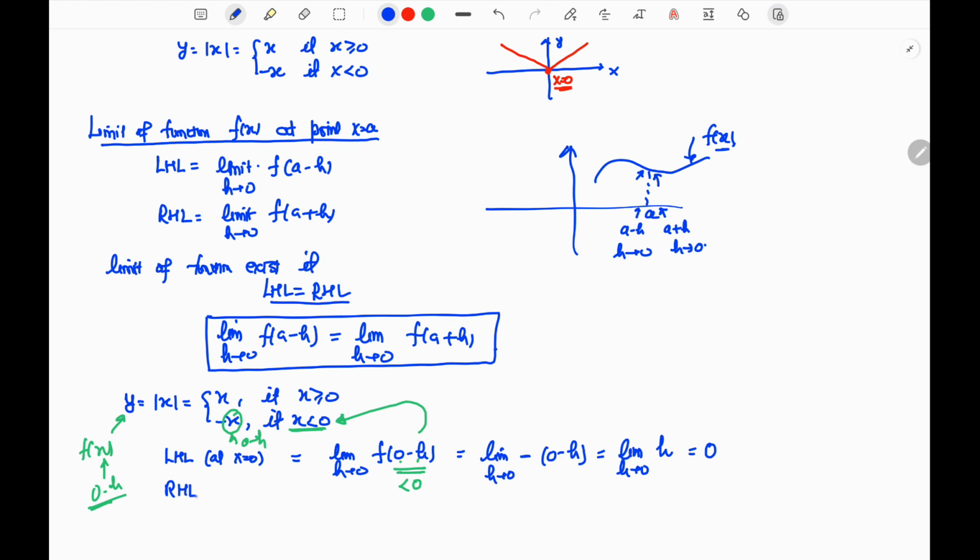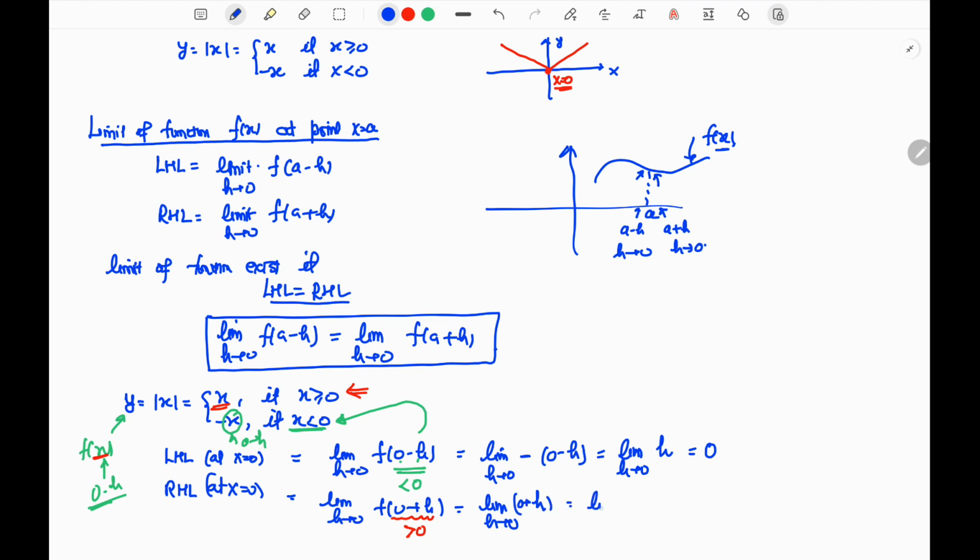Similarly, we have to find the right hand limit at x equal to 0. This will be equal to limit h tends to 0 of f(0 plus h). Now we have to see that this 0 plus h is greater than 0. And for this, in the definition of the modulus function, it lies in the branch x greater than or equal to 0, which has the definition x. So we replace this x by h.